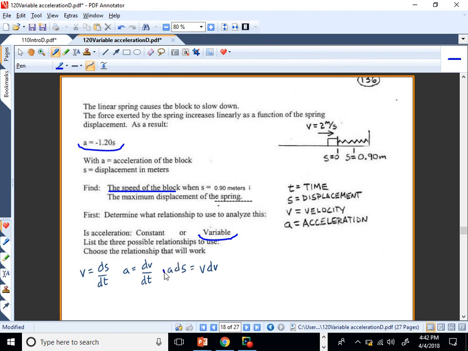Yeah, it's the third one. That's going to involve speed, velocity there. And also notice that A is a function of displacement. You can't just take this relationship and cram it into there. It's just not going to work because you don't have A as a function of time or velocity. A is a function of displacement. So you can't do that.